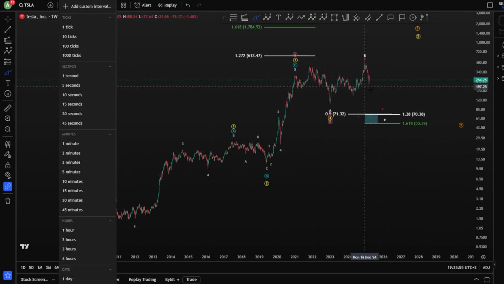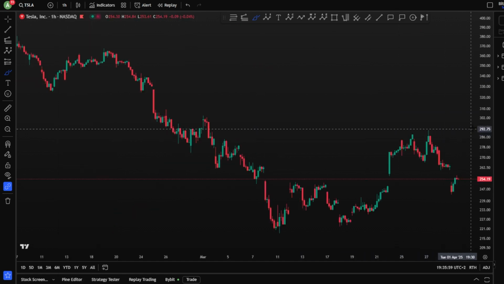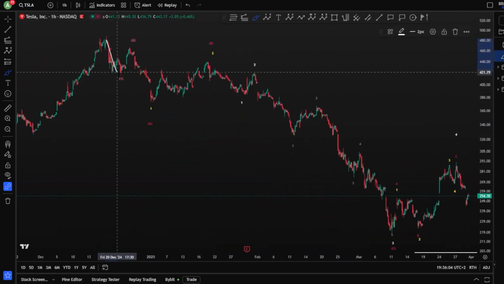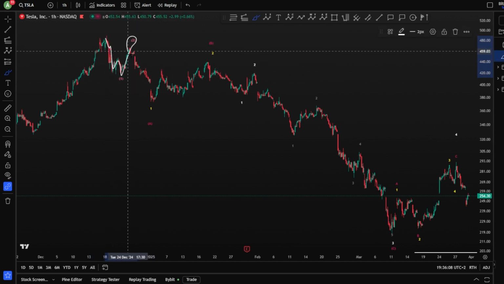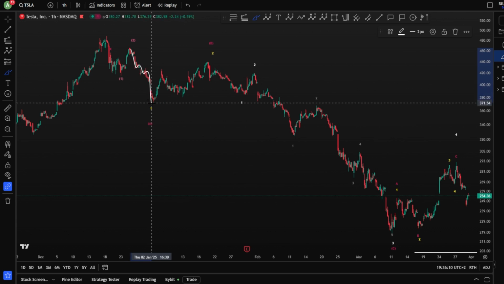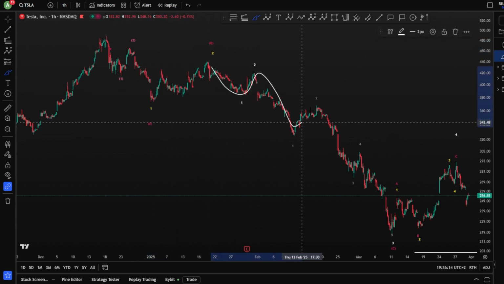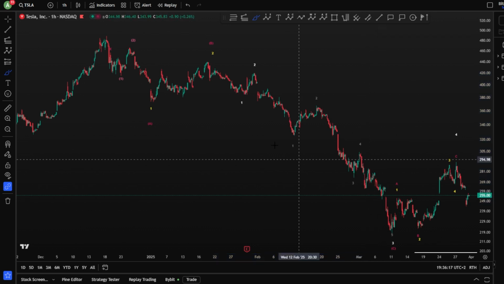If we dive deeper inside this area on the 1 hour chart, inside this move towards the downside, we have a double impulse. We have 1, 2, 3, 4, and a 5, wave 1. Finish wave 2, you got another impulse here, and you finish another wave 2. And you're moving into your massive wave 3.